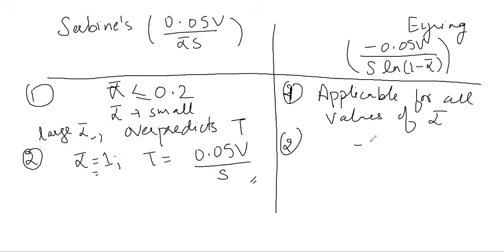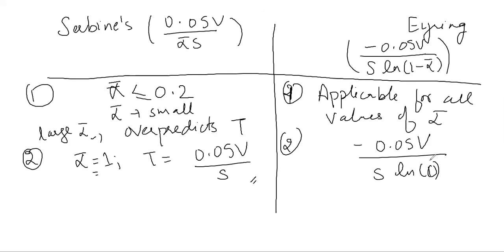Now, if you do the same with the Eyring formula, you will get ln of 0.